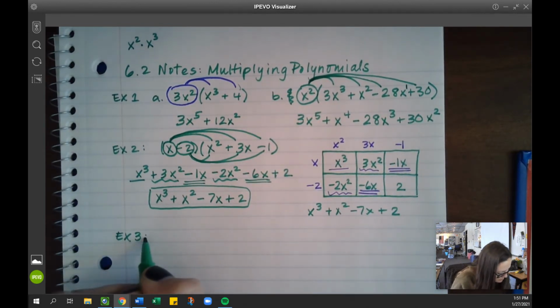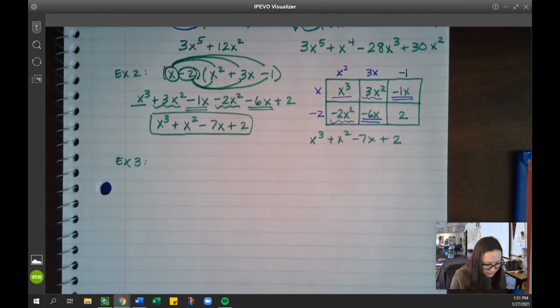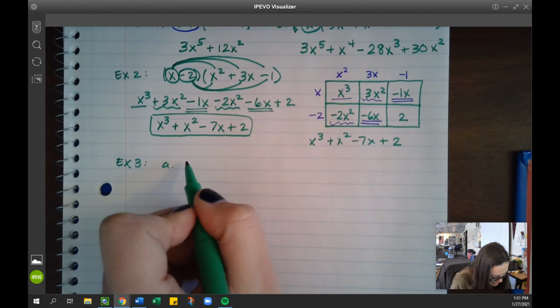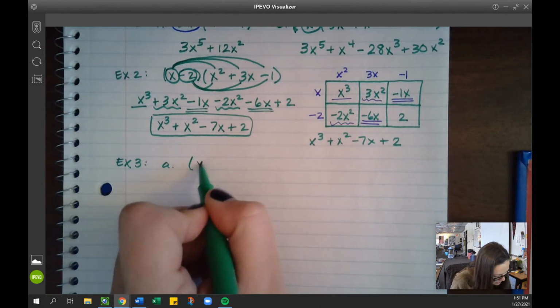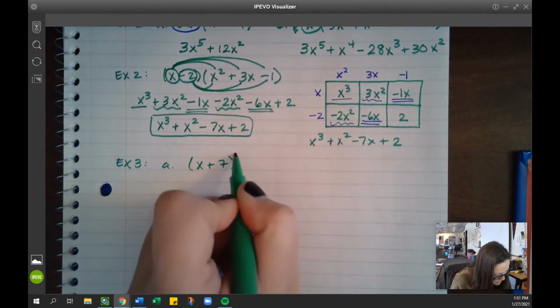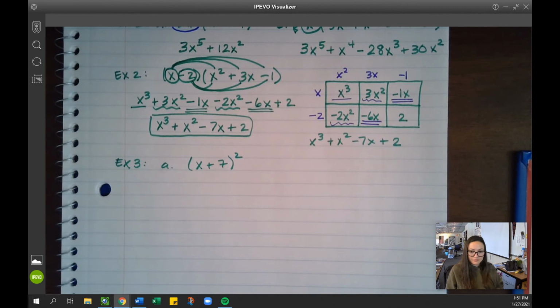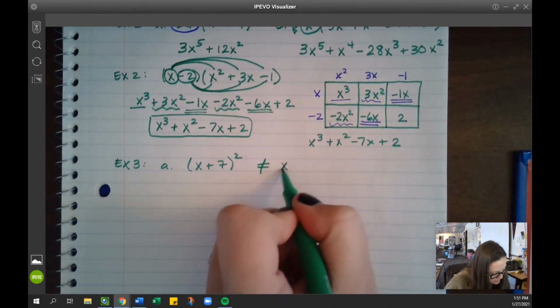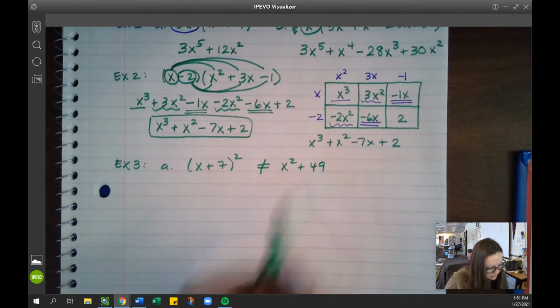Example 3. A. Let's say I have x plus 7 squared. What this does not equal is x squared plus 49.